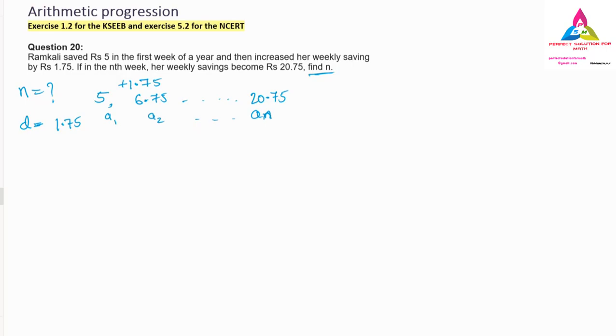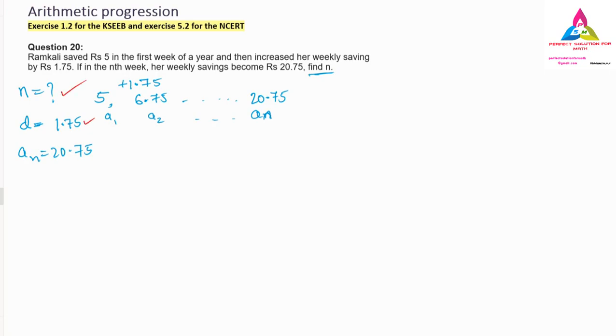So here an will become 20.75. So an is equal to 20.75. This is the main thing they have given, and directly they have asked how to find the n value. So they have told you to find your n value.